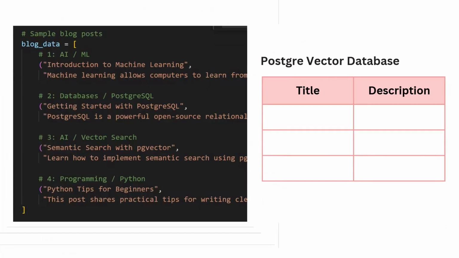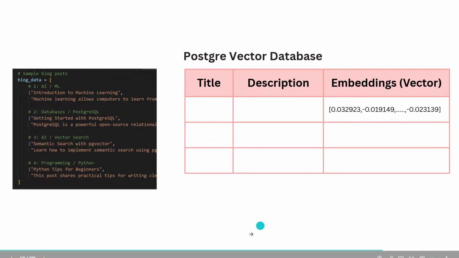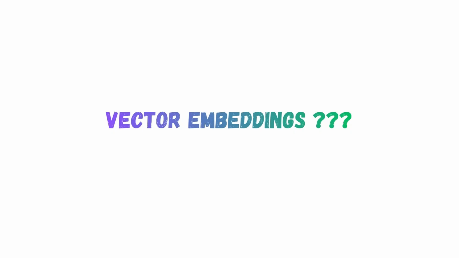We will store all the blog post information in a PostgreSQL vector database with the title and description saved as columns. Now, along with title and description, we are going to have one more column as vector embedding. Everything here in this blog depends on vector embeddings. Let's see everything in detail.